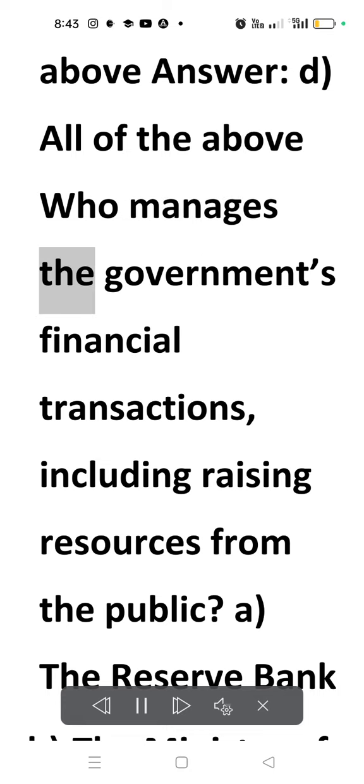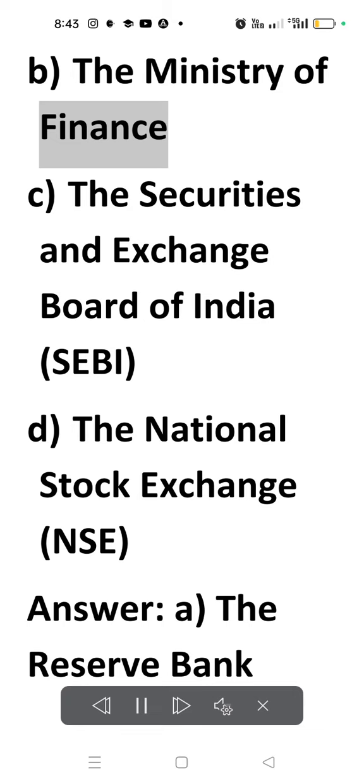Who manages the government's financial transactions, including raising resources from the public? A. The Reserve Bank, the Ministry of Finance, the Securities and Exchange Board of India, SEBI, the National Stock Exchange, NSE. Answer: A. The Reserve Bank.